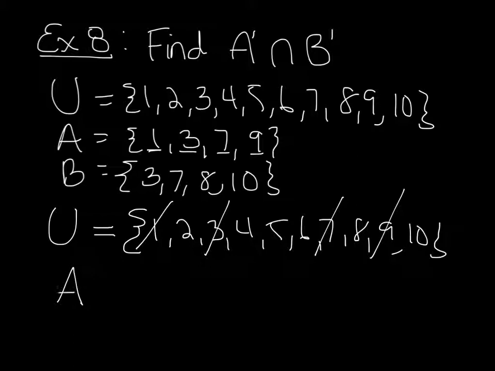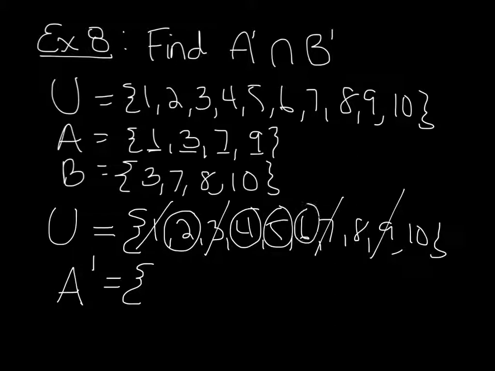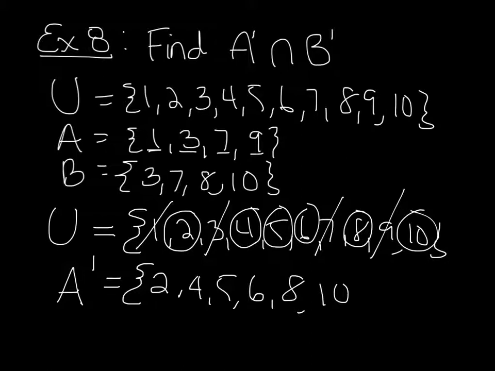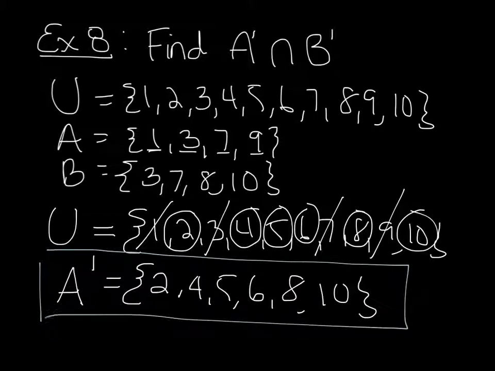Now my A complement is whatever is left over. So it looks like 2, 4, 5, 6, 8, and 10. Let me box that, because we're going to use that in a bit.